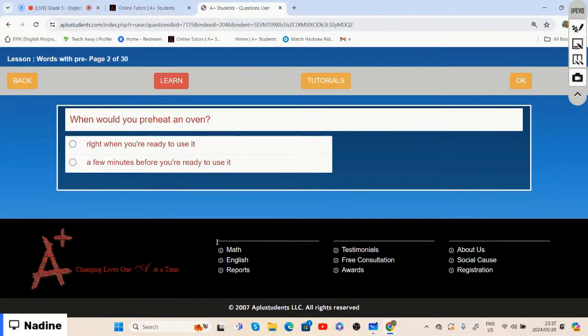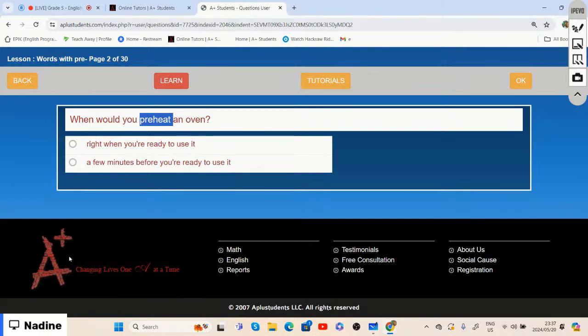When would you preheat an oven? You see there, the word preheat comes in with the prefix that we made mention of. Preheat. So when would you preheat an oven? Is it right when you are ready to use it? So it means that I am going to put in my cookie dough mixture now, or my cake mixture now, and now I switch it on.